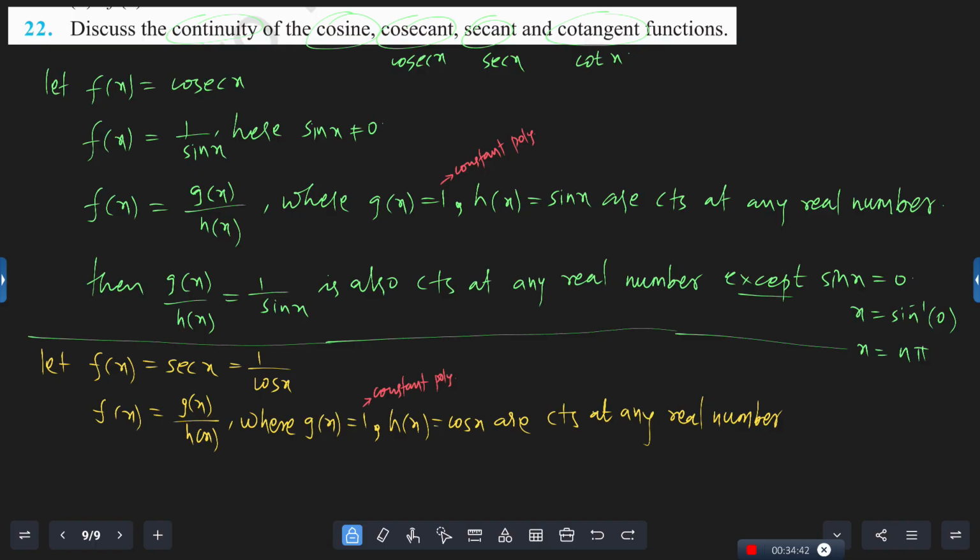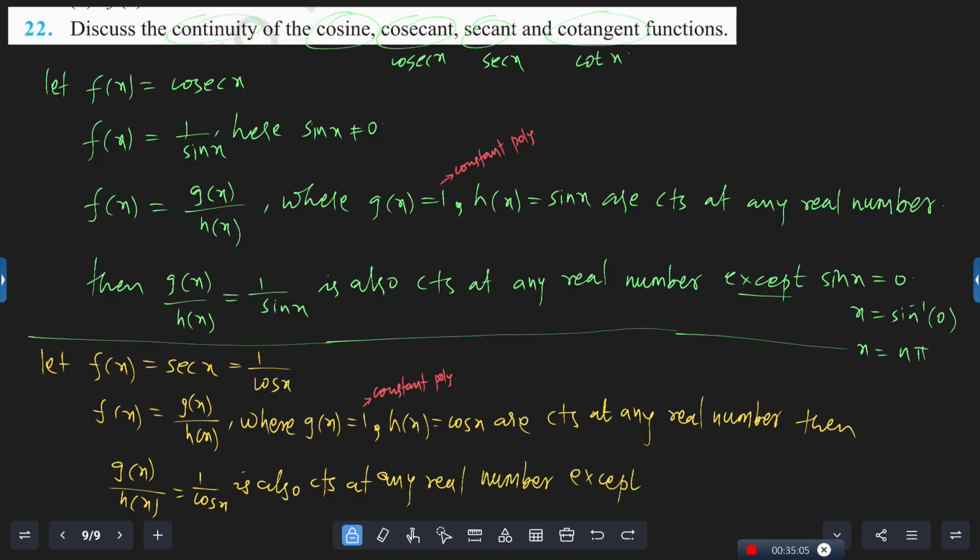Then g of x divided by h of x, which is equal to 1 divided by cos x, is also continuous at any real number except where cos x is equal to 0.